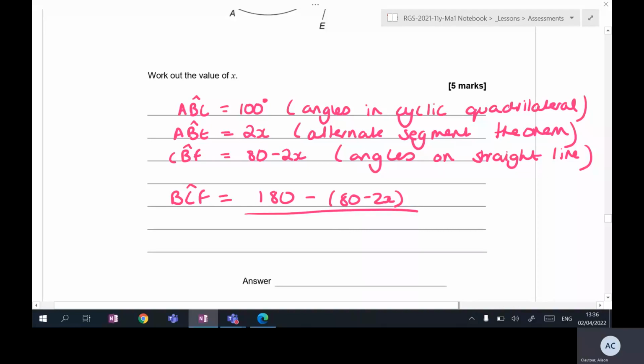And then because it's an isosceles triangle, both those angles will be the same. So that leaves me with 100 plus 2x over 2, or 50 plus x. I'm just going to put in brackets isosceles triangle.